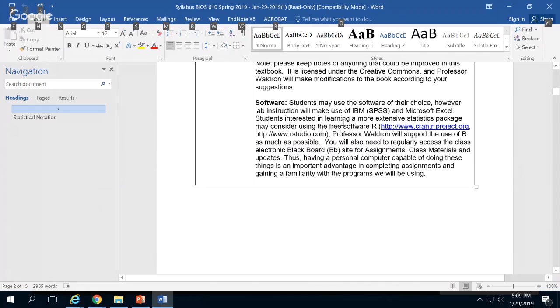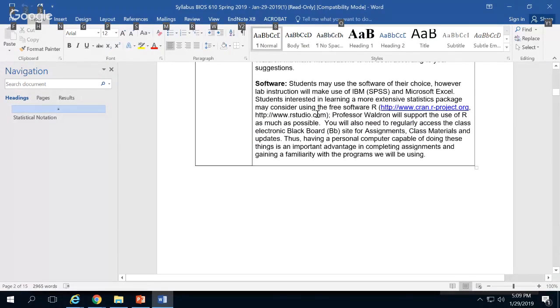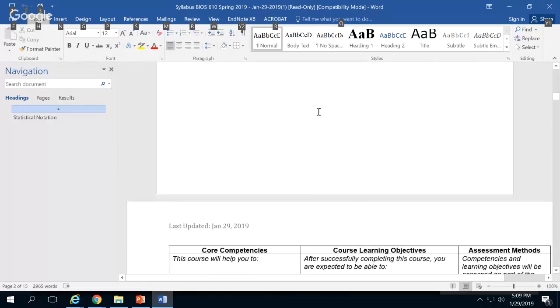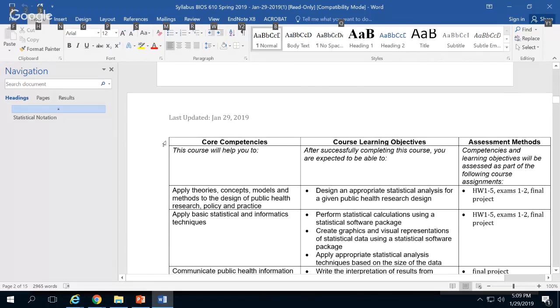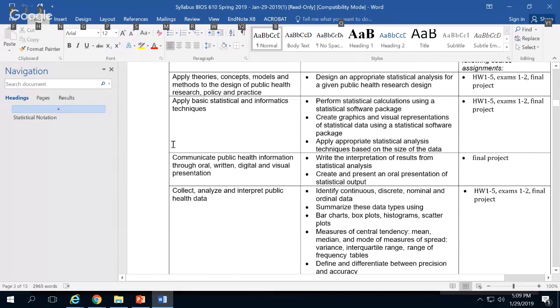But the primary language of the lab sessions that we'll be using in class is SPSS. But again, if you're interested in using something else, just let me know, and I'll make sure to provide some materials for supporting that and do the best answering your questions as I can.